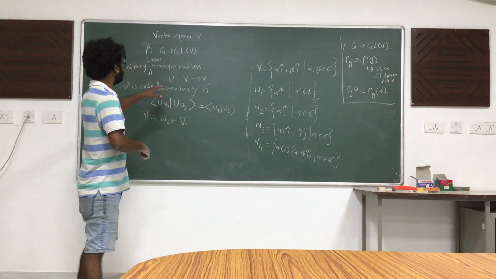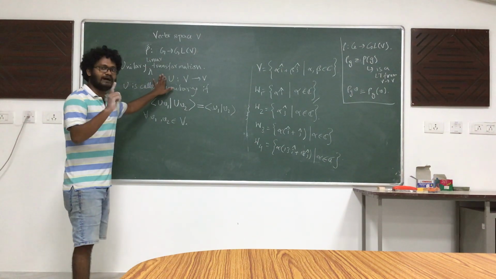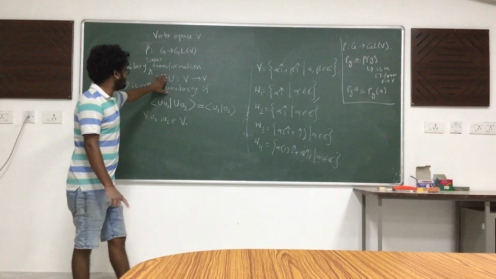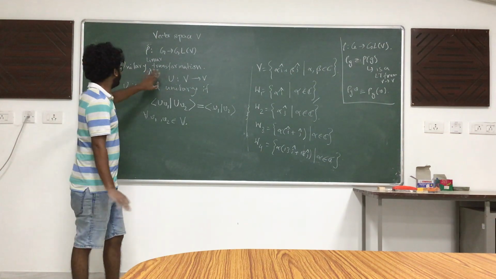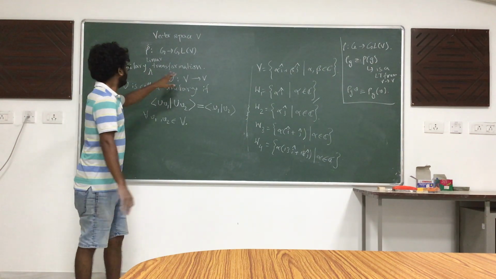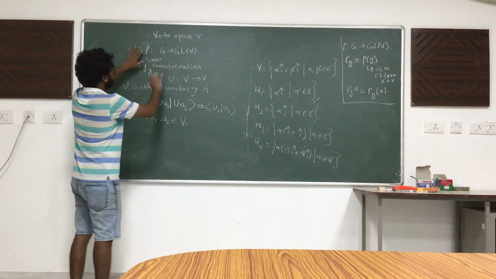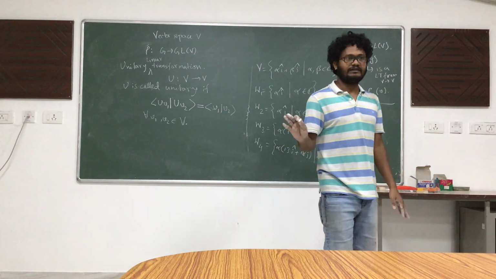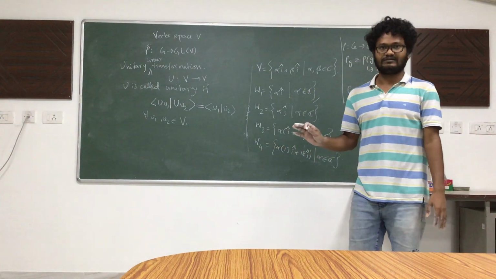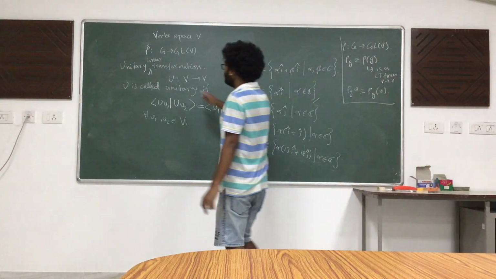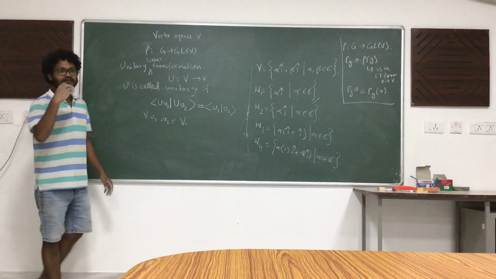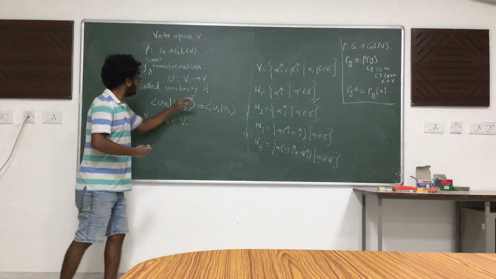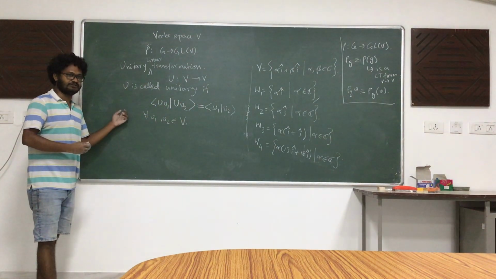But whenever we consider a unitary transformation, we need the notion of inner product. All this linear transformation, representation, vector space does not require any notion of inner product. A unitary transformation actually requires it. Only when we define inner product can we define a unitary transformation.